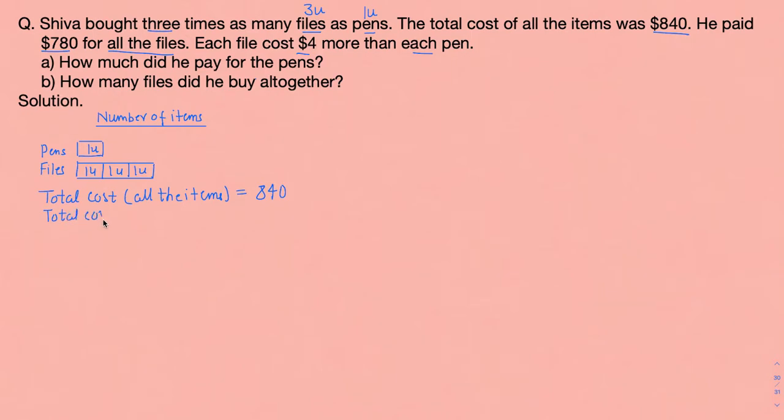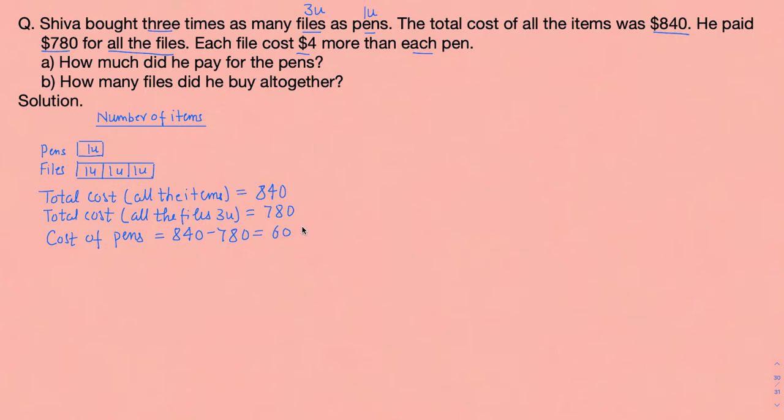The total cost of all the files is 3 units, which is $780. Obviously, if we subtract the total cost of all the files from the total cost of all the items, we will get the total cost of the pens. So the cost of pens will be $840 minus 780, which gives us $60.